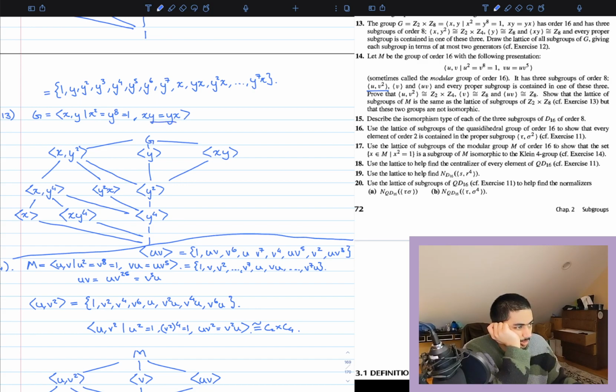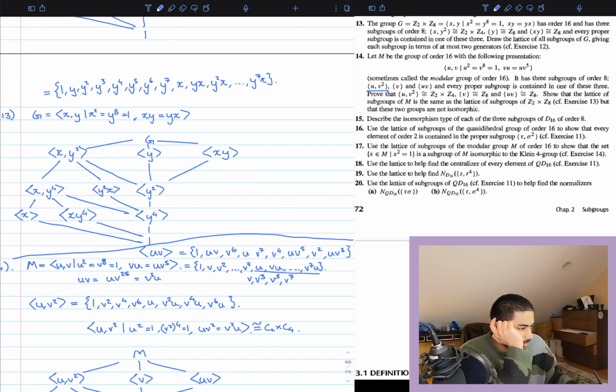So here the 2 generators commuted, and one had order 2 and one had order 8. So here the only order 8 elements are v cubed, v to the 5th, and v to the 7th.